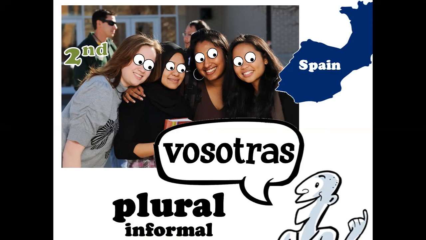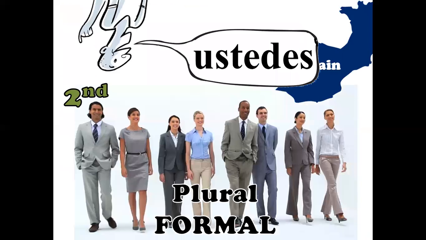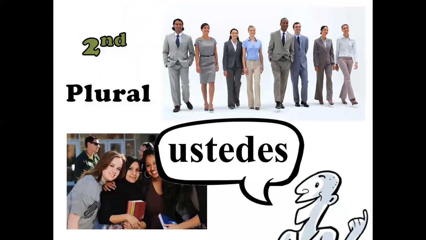And in that context, in Spain, you would use ustedes to speak to a group of people that you would use the formal form with. If you were in a place where you'd say sir and ma'am to a group of people, you would use ustedes. But that's only in Spain. Luckily, if you're outside of Spain, ustedes is just the y'all form all around.